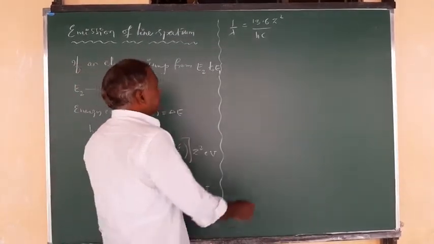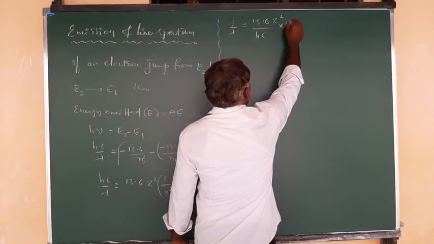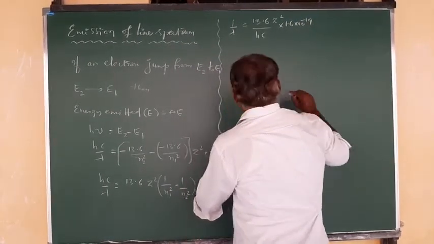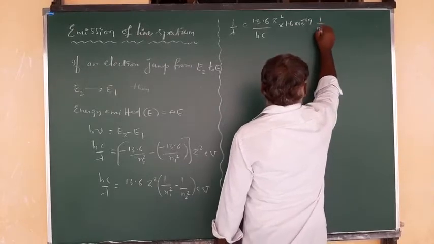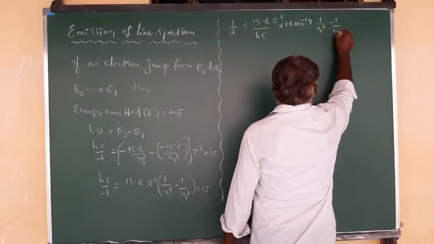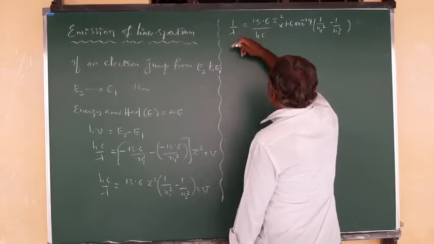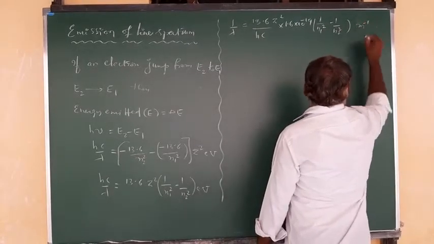So I put 1.6 into 10 power minus 19 joule for 1 electron volt, and the remaining value is 1 by N1 square minus 1 upon N2 square. Now it is in meter inverse because it is 1 by lambda.